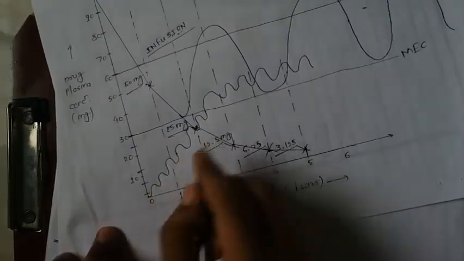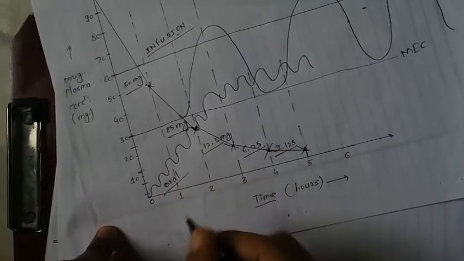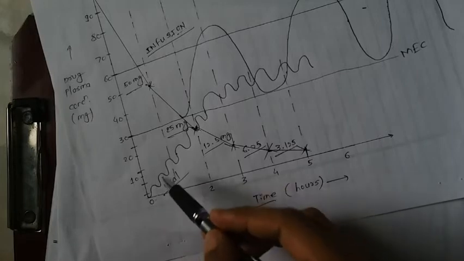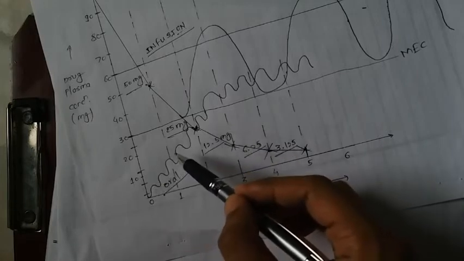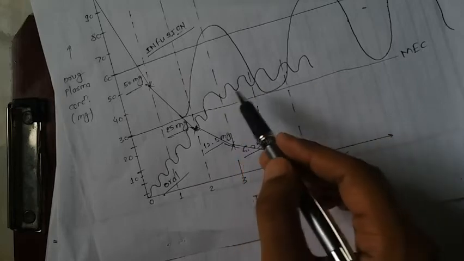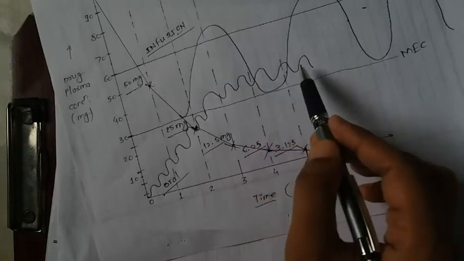So this is oral administration. So when we administer the drug, it will absorb, then it will go into therapeutic range, and after 5 half-lives, it will show steady state concentration.